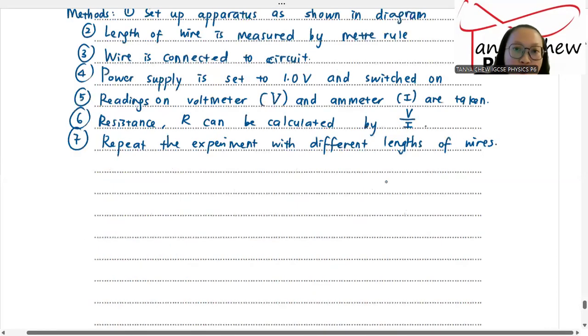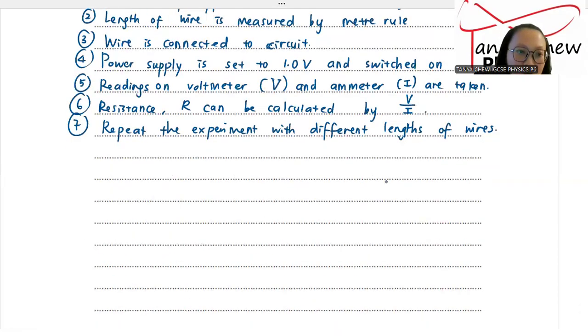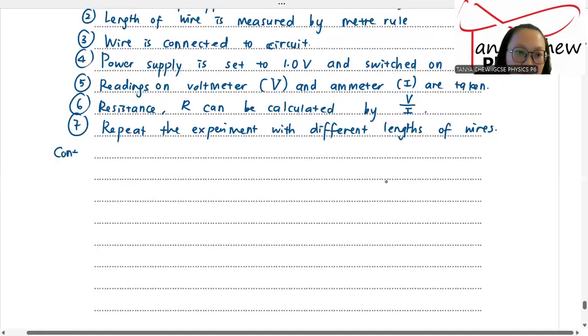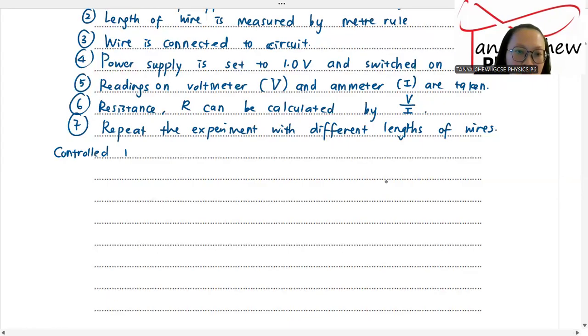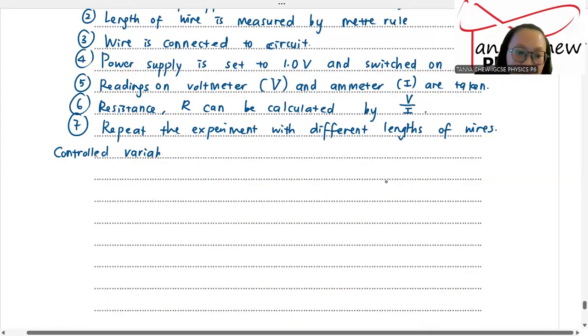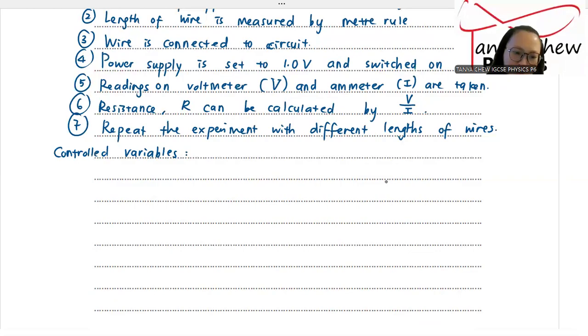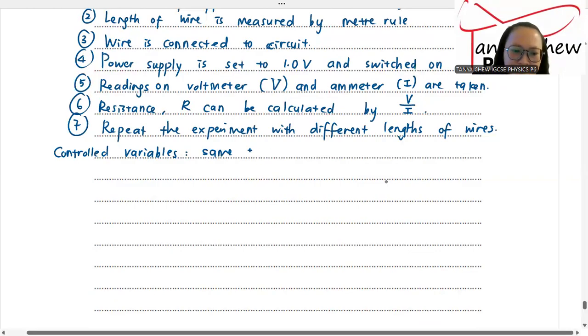And the next one, state the key variables to keep constant. This is a control variable. So I'm going to write here control variables, more than one, because this is plural. I want to make sure that same type of material of the wire.